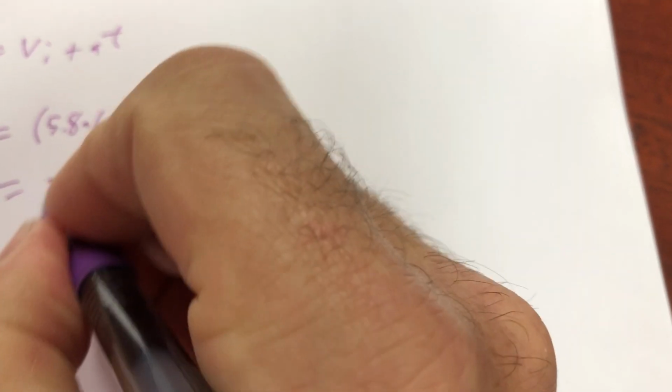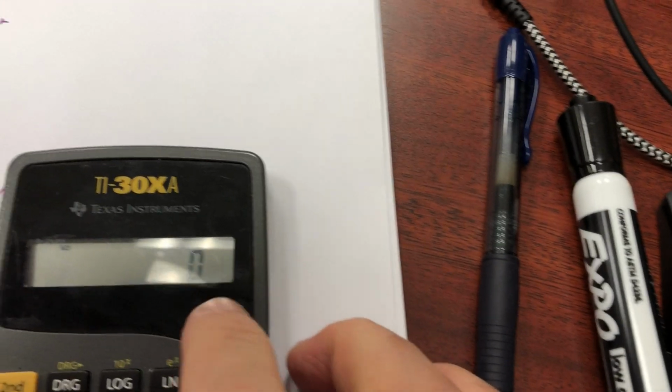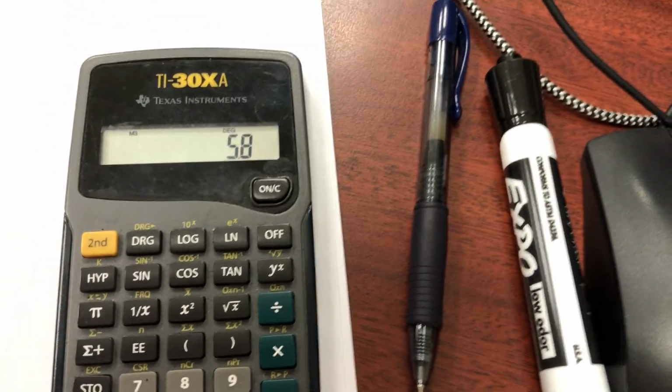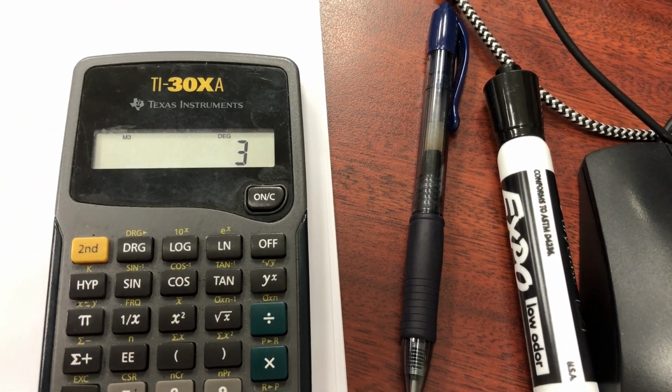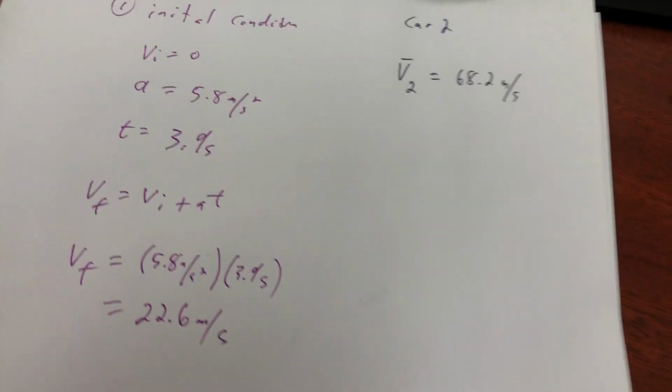So I did that ahead of time, 22.6 meters per second. All right, let me just check that that's correct. 5.8 times 3.9. Yeah, so 22.6 meters per second. So that's how fast he's going.